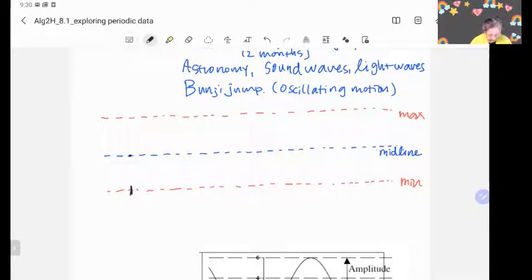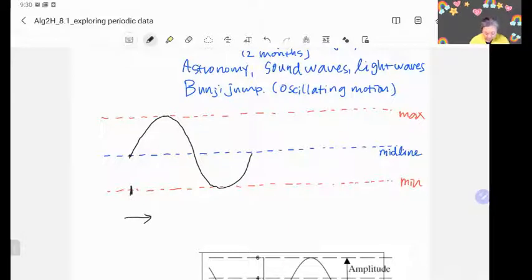Then as time goes this way, the object goes up and hits the maximum point, then goes down, passes the 0 level, hits the minimum below, bounces off, goes up towards the maximum again, and then goes down. As time passes in that direction, it will look like this.